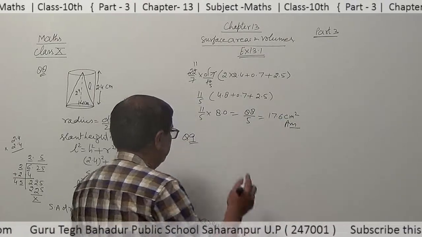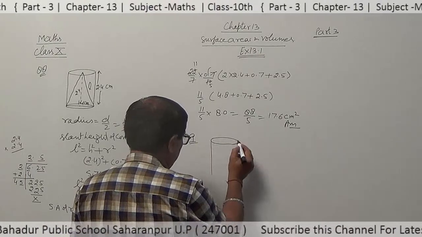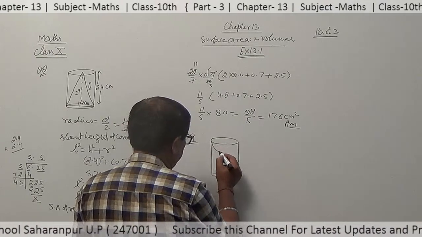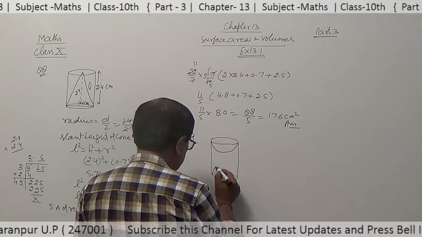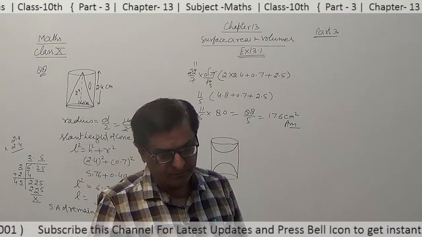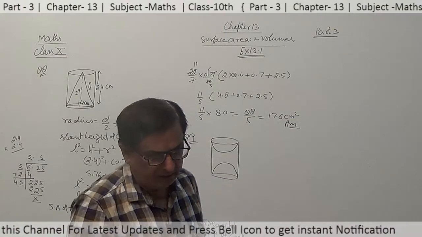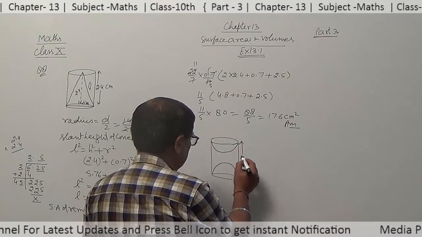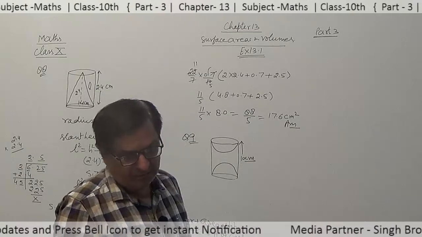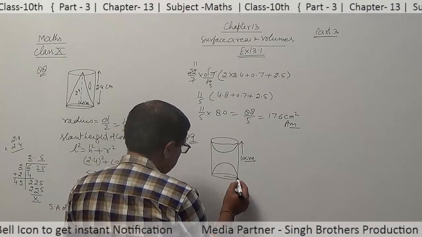This is a cylinder, hemispherical part is scooped out. Find the total surface area of the article given that height is 10 centimeter and radius is 3.5 centimeter.